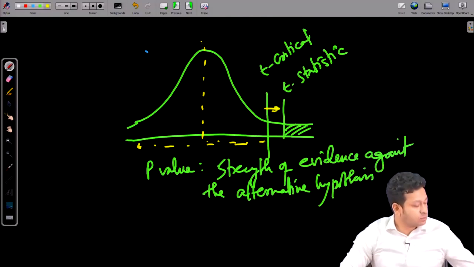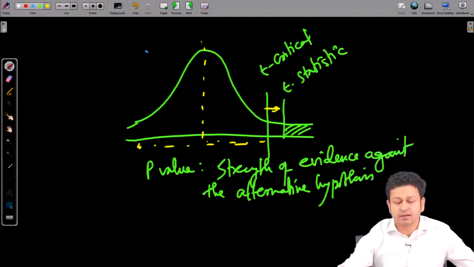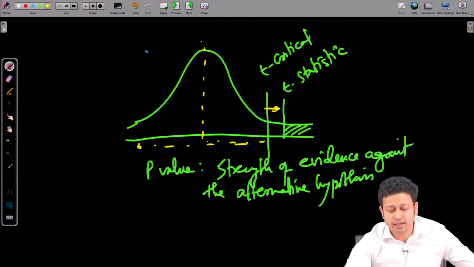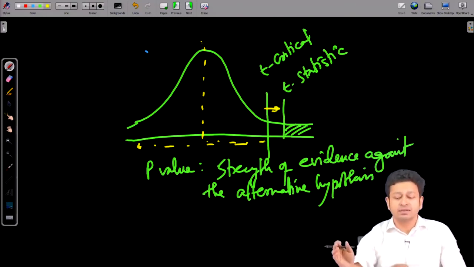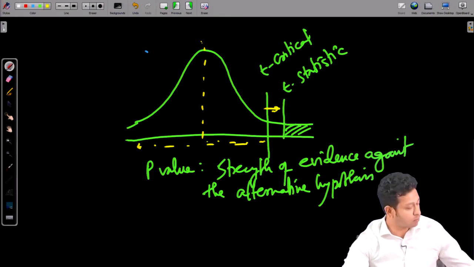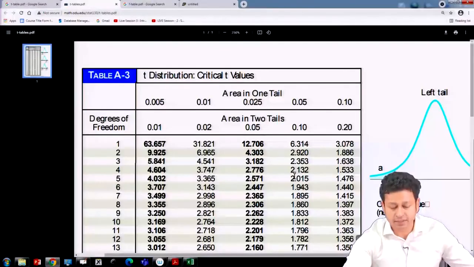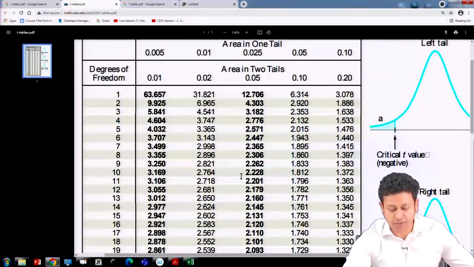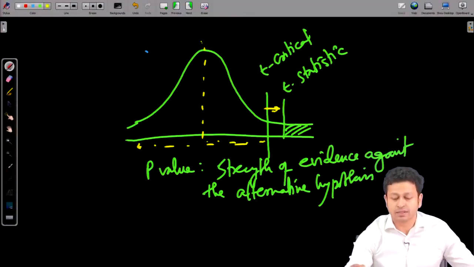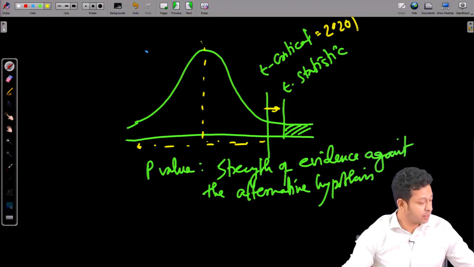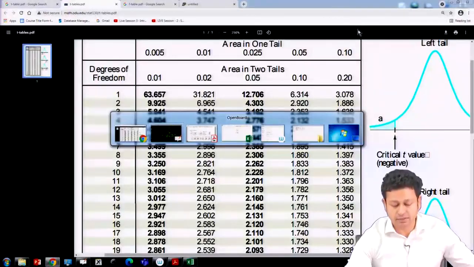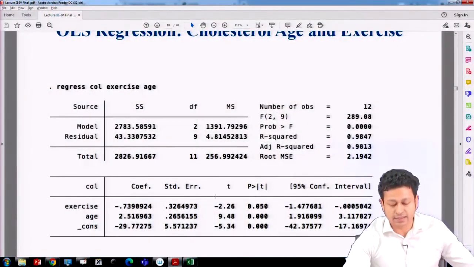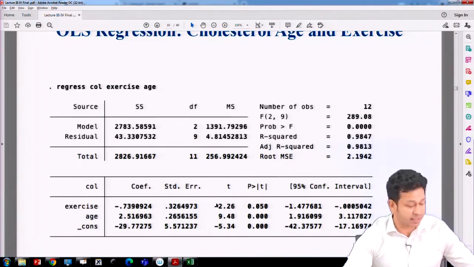Okay, so we calculate the t critical and we see the t statistic. We found our t critical to be 2.201, and in my regression table, I found my t statistic for exercise to be 2.26.